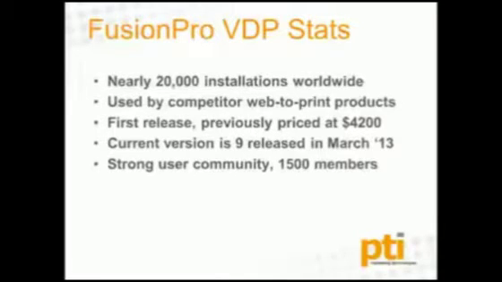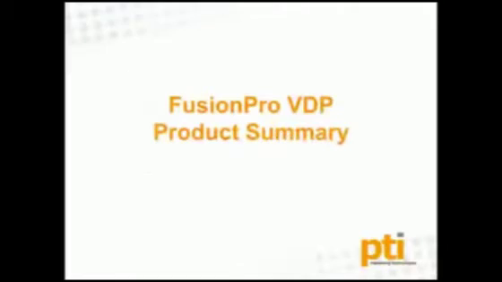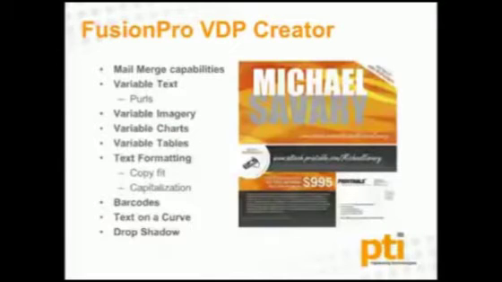Since then, we've obviously dropped the price to make it more competitive and get it out to our consumers in a more cost-efficient manner. The current version is 9, which we released back in March of 2013, and we have a strong user community of 1,500 members. These are people that interact with our forums and our customer support, and basically interact with each other on a regular basis.